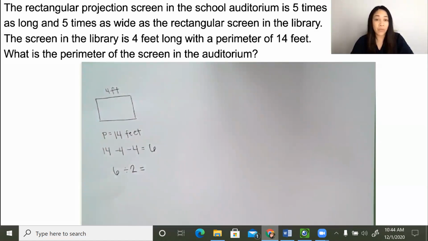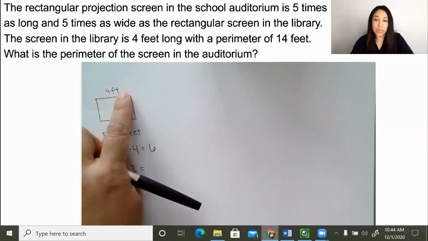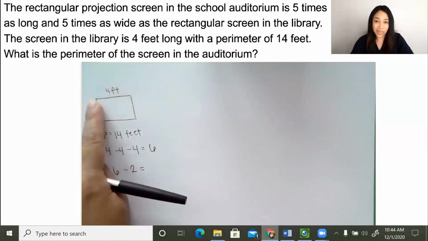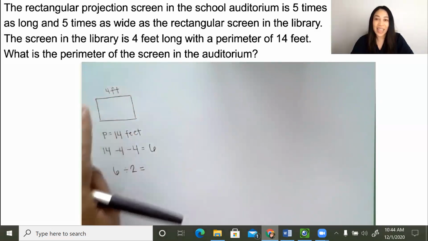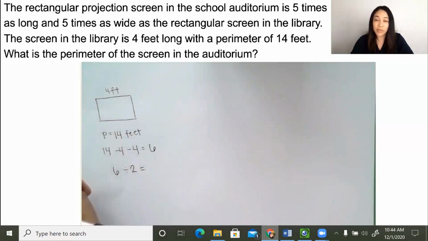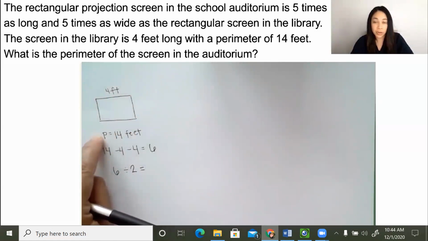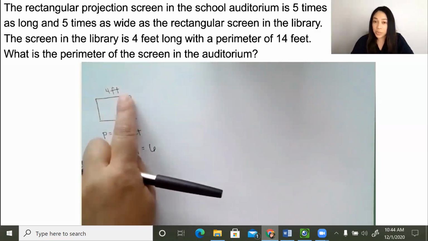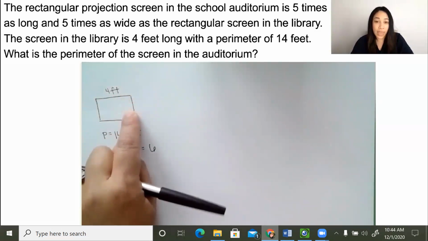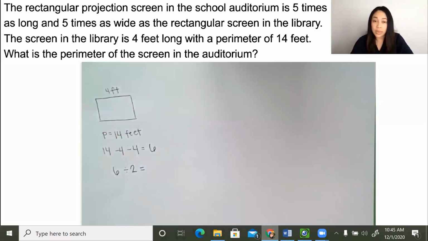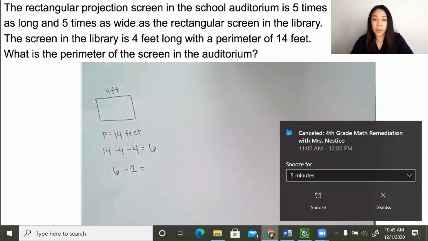Let's think about the formula for perimeter. We add the length of one side, the width of the other side, the length of the other side, and the width of the other side, and that gets us the total of all 4 sides of a rectangle, and that is equivalent to the perimeter. Another way that we can do it is if we add the length and the width and we multiply that whole number by 2.